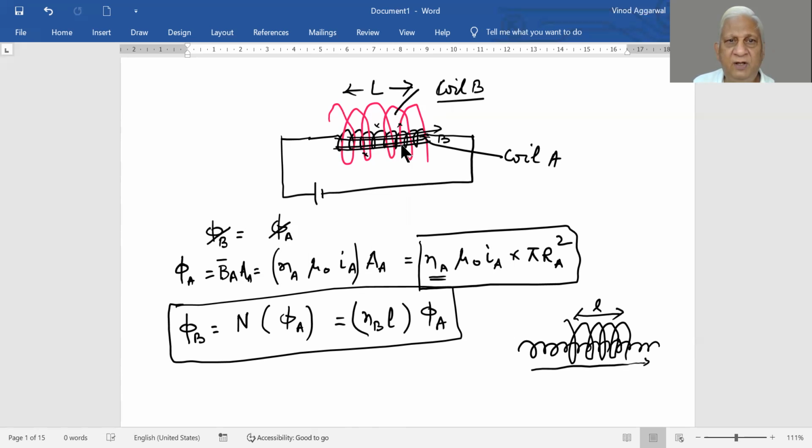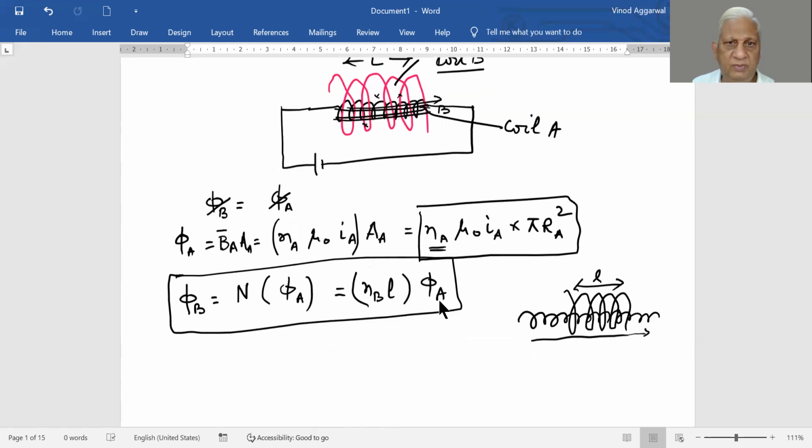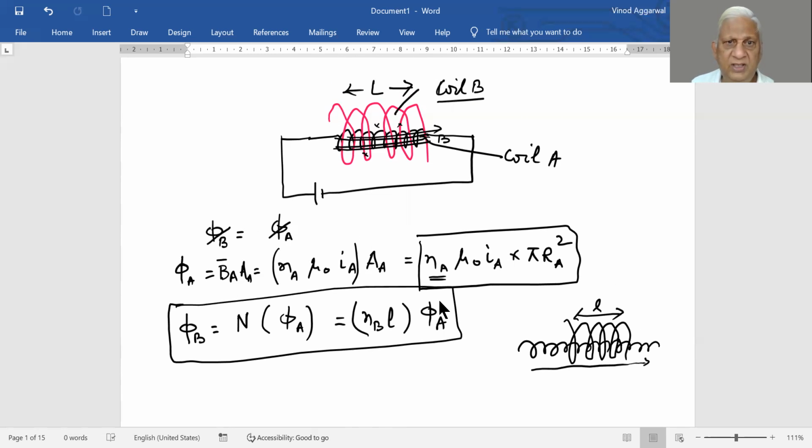It will have the full magnetic field of coil B. So this exercise was basically to distinguish that in case the inner coil is energized or the outer coil is energized, the mutual inductance treatments are different.